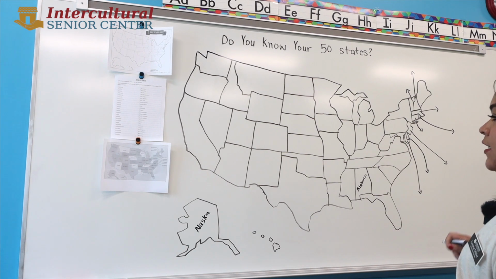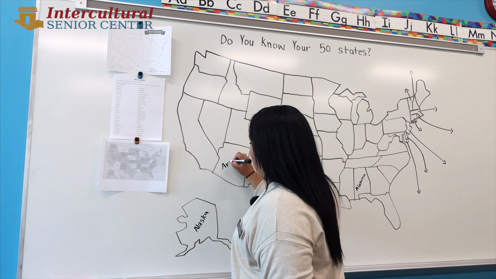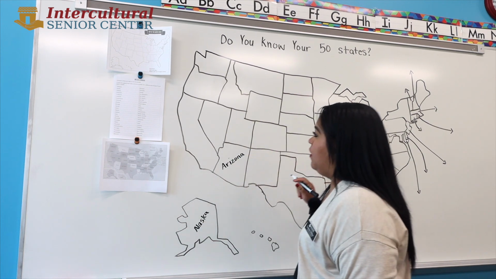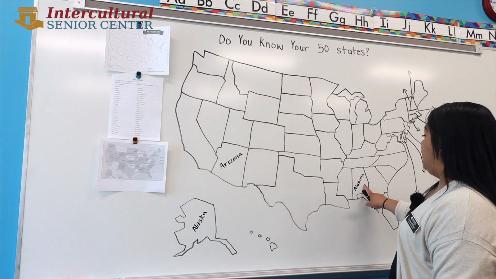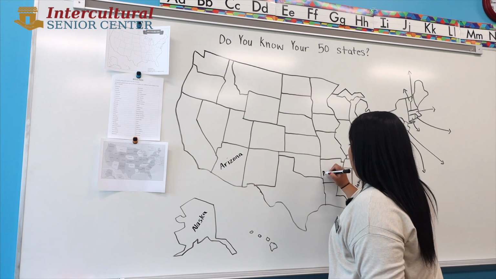Arizona is next. Arizona is right next to California. Arkansas is down by Alabama, a couple states over, right here.